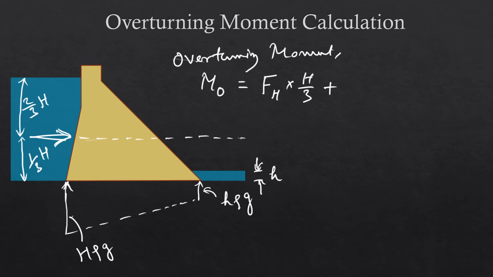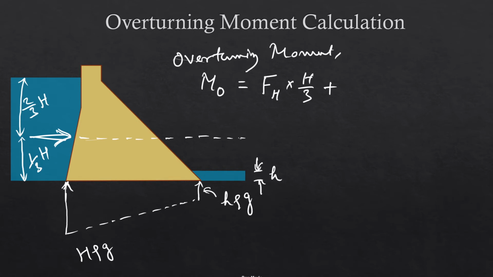So we need to find out the total magnitude of this entire pressure force, and also need to find out the distance of this resultant force from the toe. That means if the resultant is acting somewhere here, then we'll need to find out this distance and then multiply it with the force.